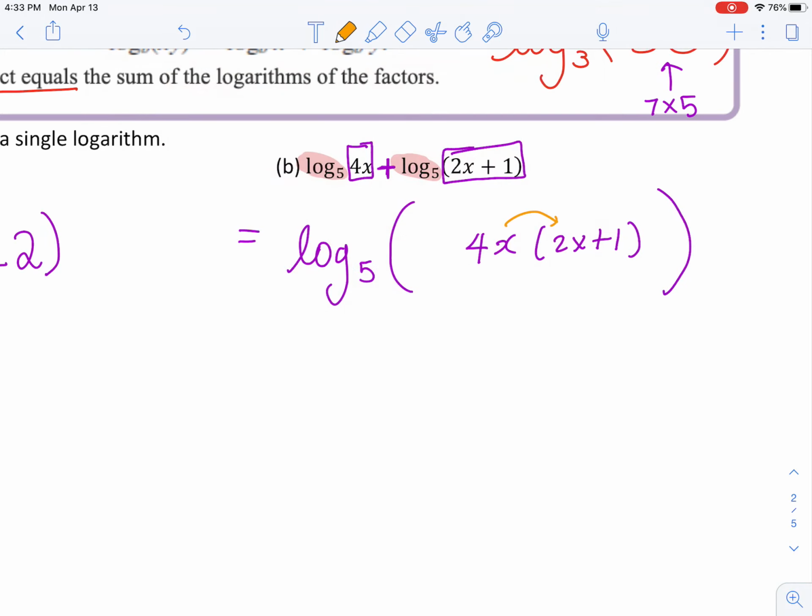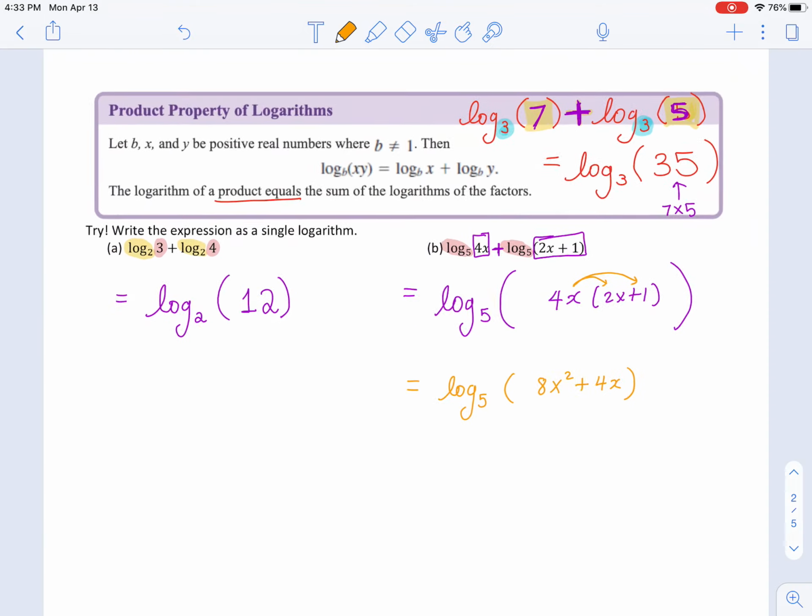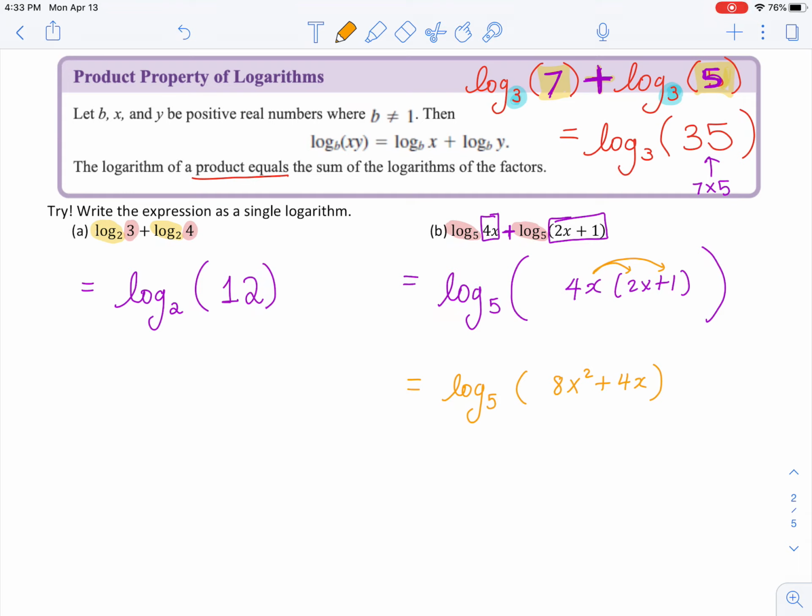So what we can do is at least try to distribute that. Why not? So the final answer that I will probably leave is log base 5 of 8x squared plus 4x. Okay? That's what we can do. And unfortunately, this one I won't be able to check the value because we don't know what x is. But if you plug in a random x that's going to keep your argument positive, it is okay for you to check on a calculator. But that's the product property of logarithm.